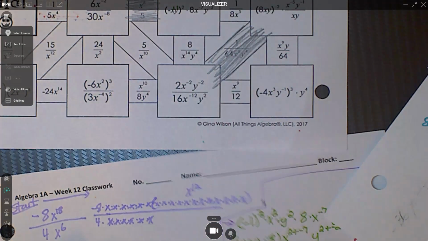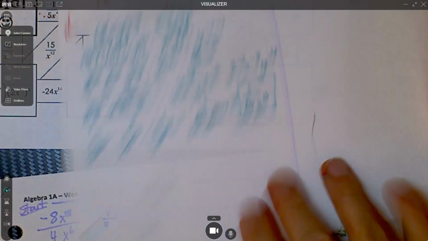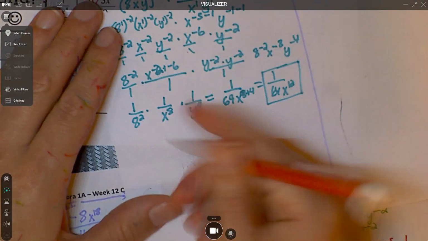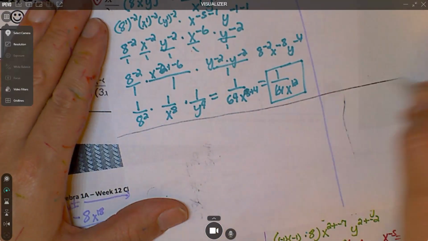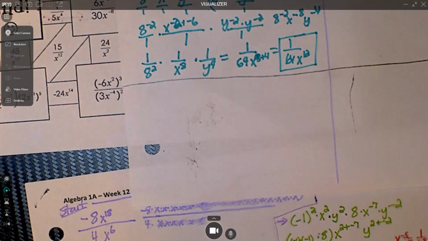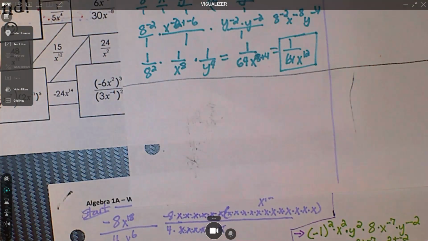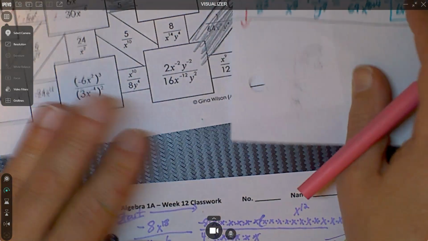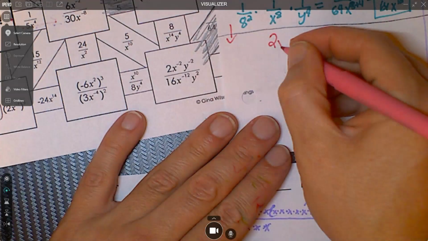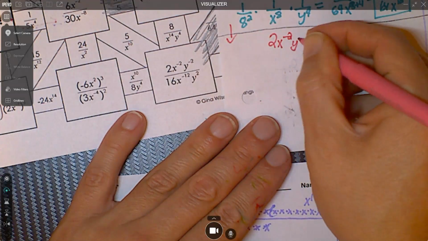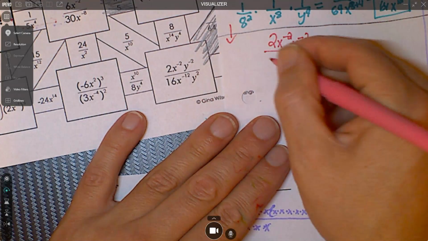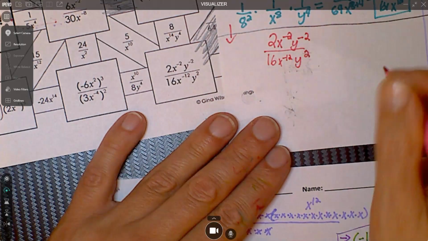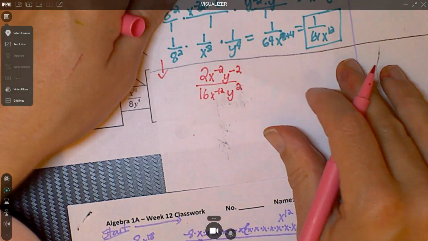Okay, I keep the fraction a fraction. Okay, we have to be careful on this one, okay?